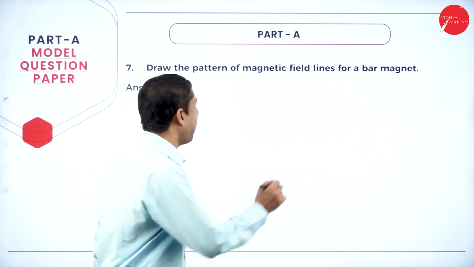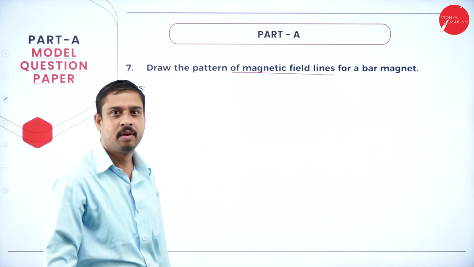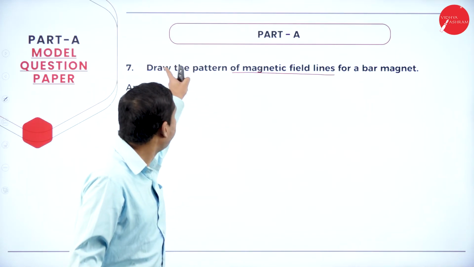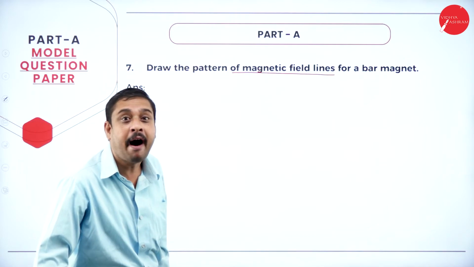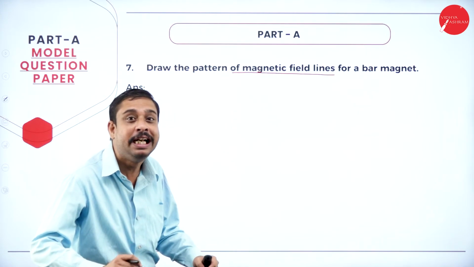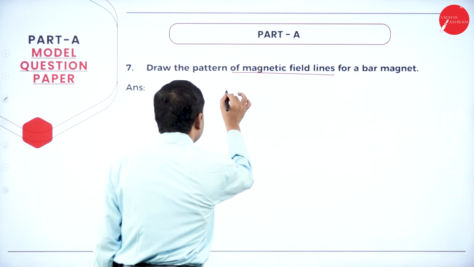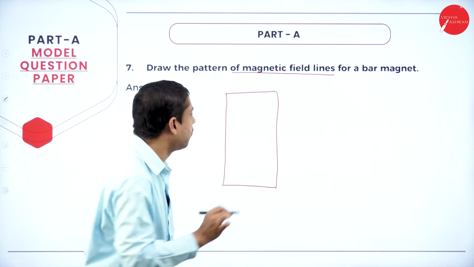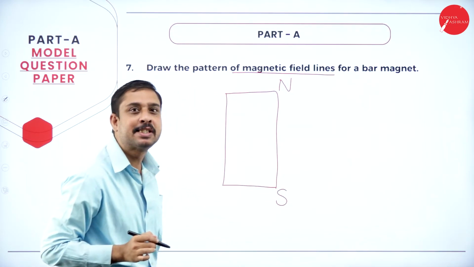Draw the pattern of magnetic field lines for a bar magnet. This has been asked many times in previous exams. You have to draw the pattern of magnetic field lines around a bar magnet. So I consider a bar magnet. This is the north pole of the magnet and the south pole.